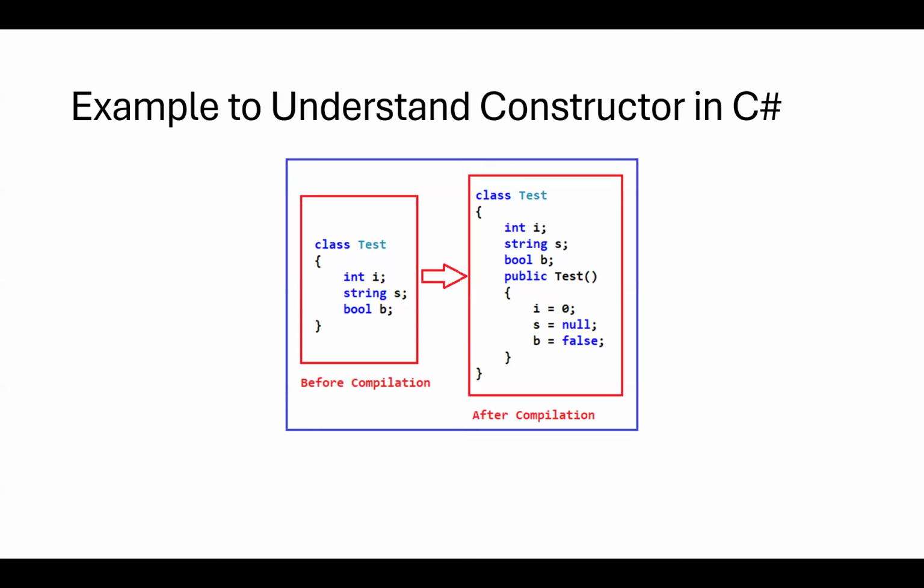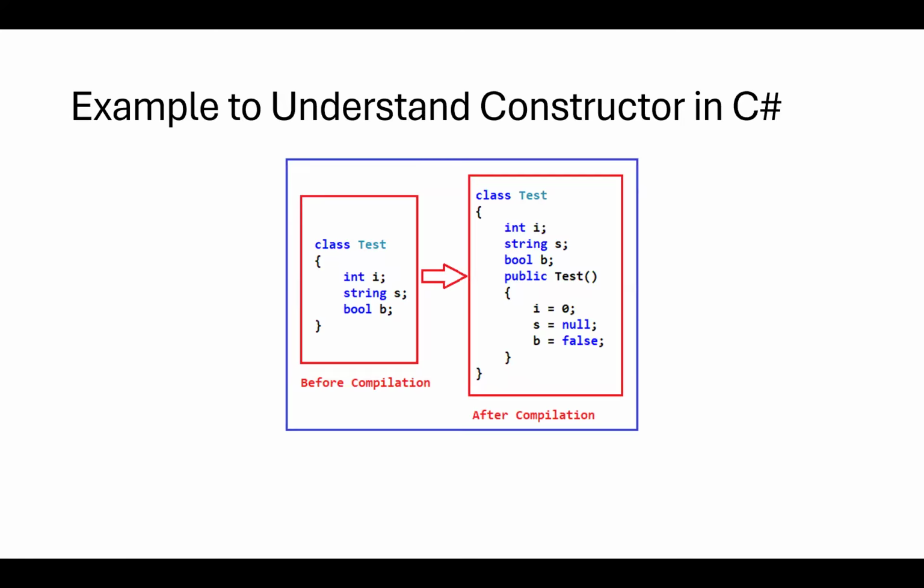C# creates a default constructor that initializes with default values. I named it default value. This kind of constructor is called an implicit constructor, and we don't need to define it. It is created automatically if you need.